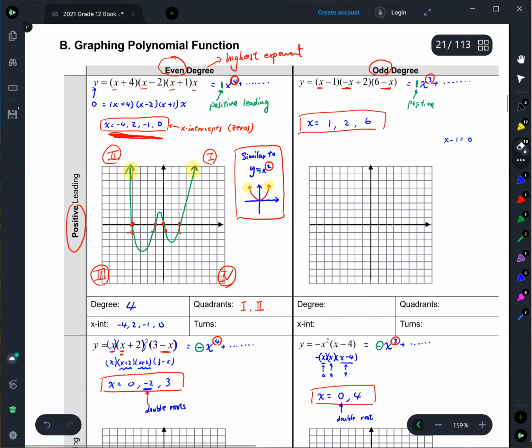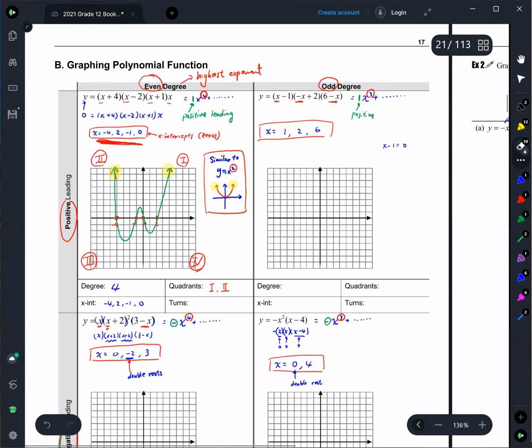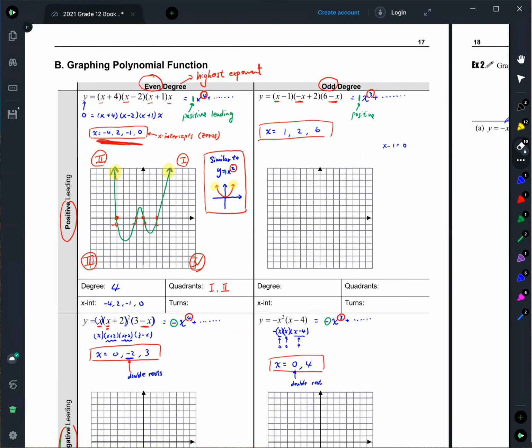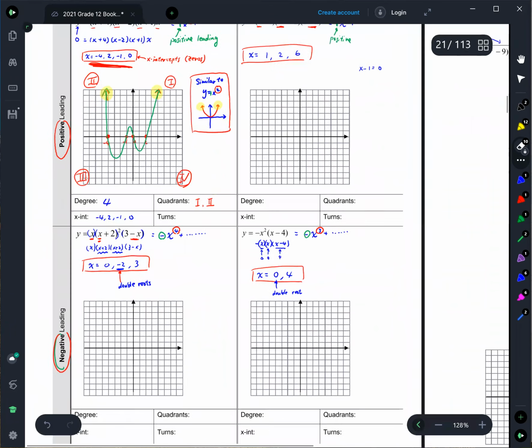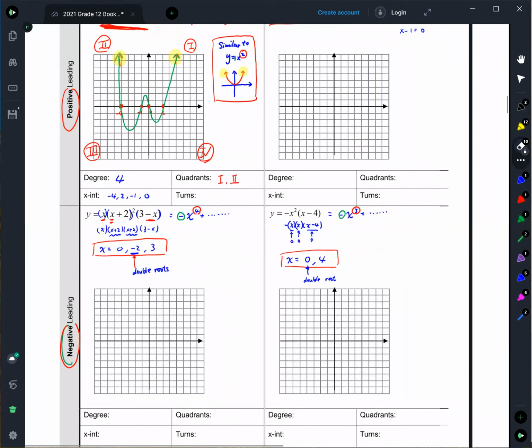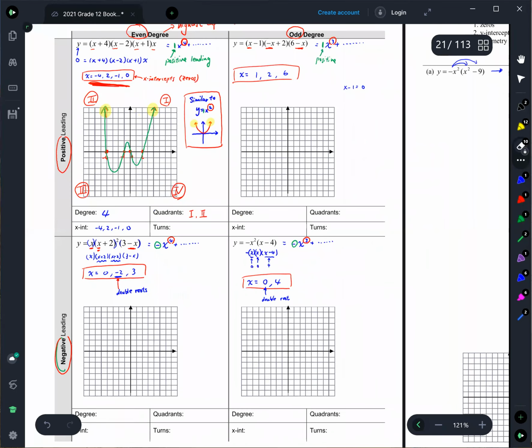Okay, I think this week you need to just review the things that we talked about here. Let me talk about the negative very quickly, because negative is similar. You won't get homework on this one, but I don't want you to forget.